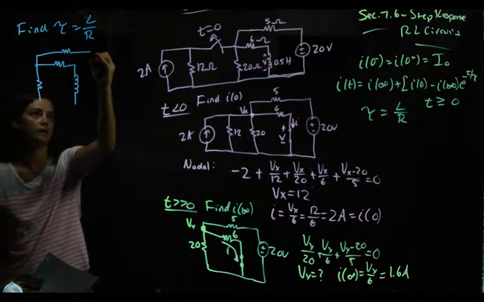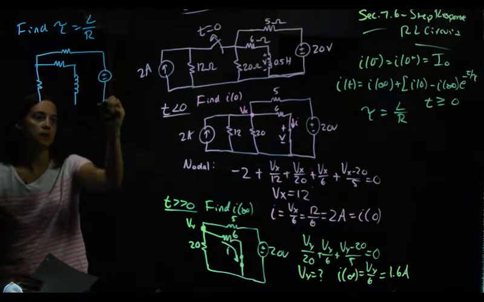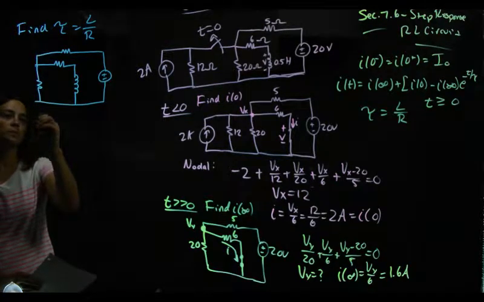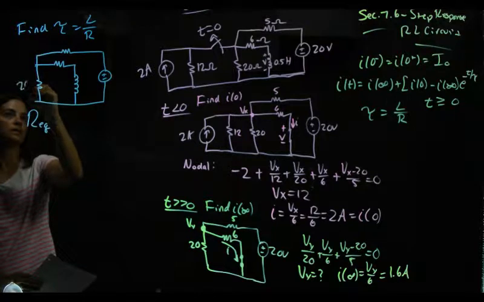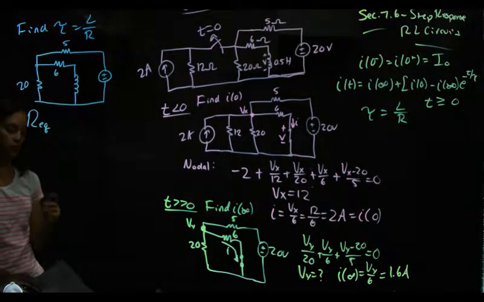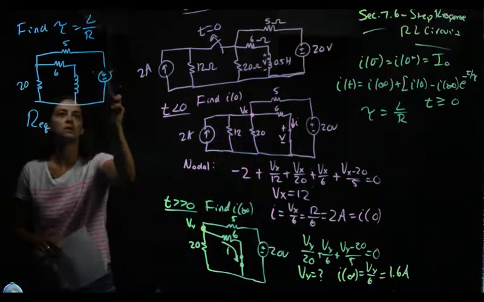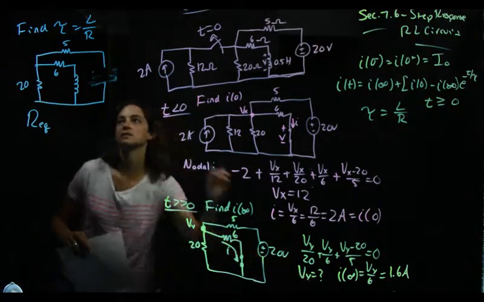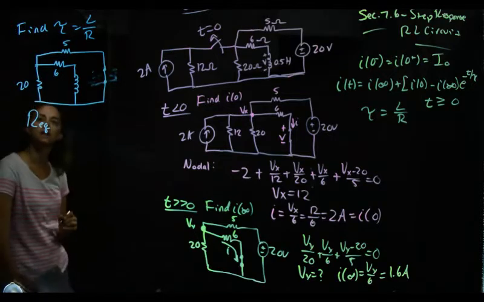We can draw the 20 in, we don't have to. It's not going to make a big difference for us. I guess I really shouldn't draw that in. I don't want to confuse you. So let's go ahead and draw that as a short. So we're deactivating that to find our equivalent resistance. Deactivate that by making it a short.